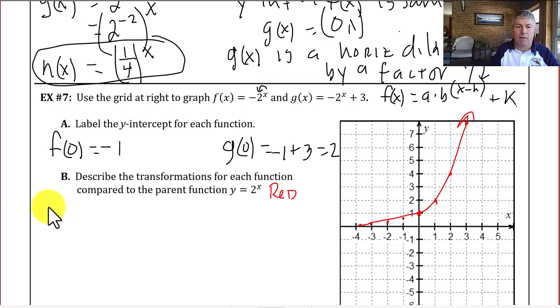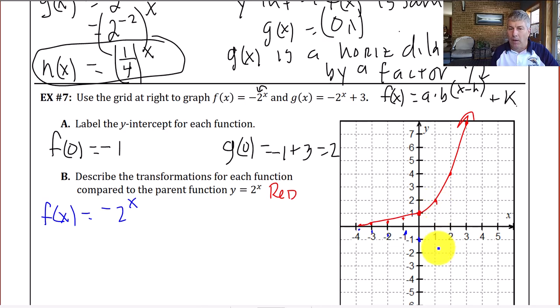So f of x is negative 2 to the x. We're going to reflect all these points over the x-axis.